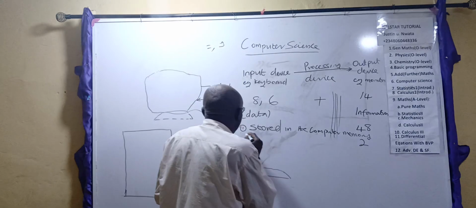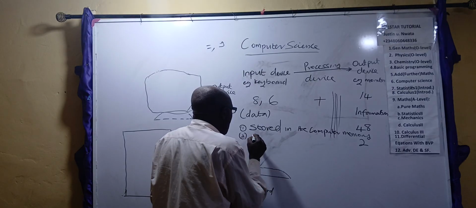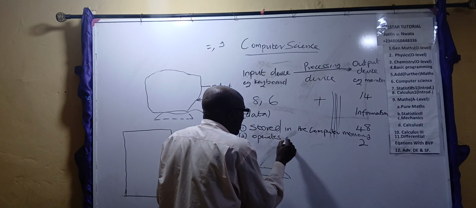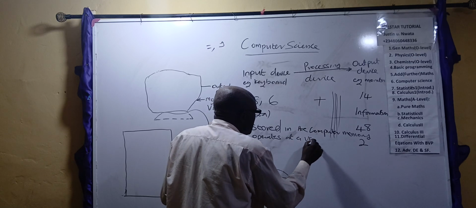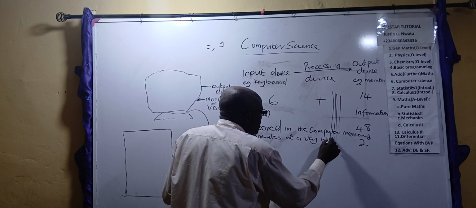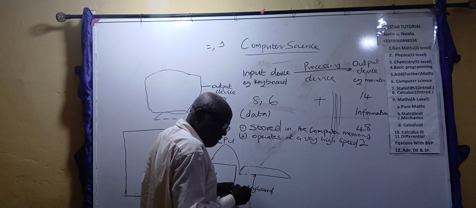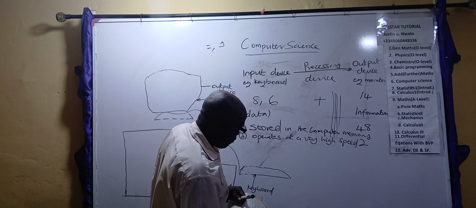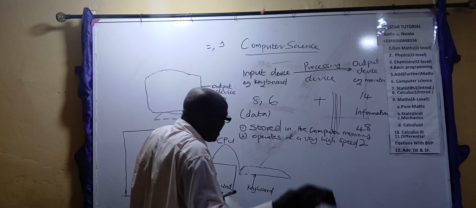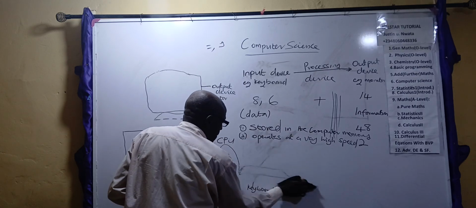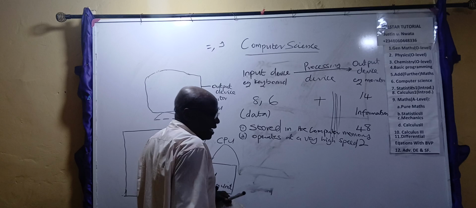Two, a computer operates at a very high speed. That's another thing that makes the computer lovely. It operates at a very, very high speed. At what speed does it operate? It operates at the speed of light.